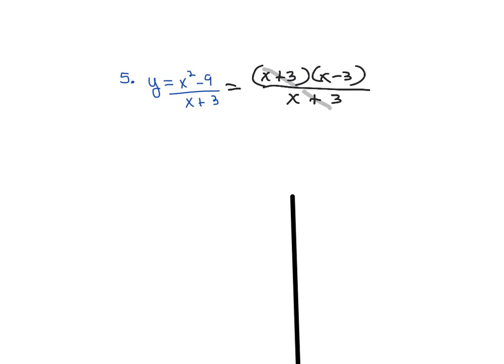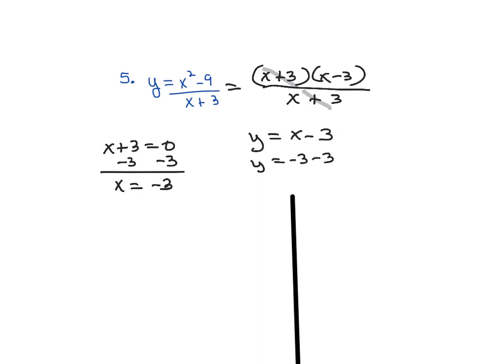So this tells me that when I can cancel the same thing from the numerator and the denominator, when I set this equal to 0 and solve, at x equals -3, I'm going to have a hole in my graph. Now, to figure out exactly where the ordered pair is, I'll take what remains, the y equals x minus 3, plug in -3 for x, and the ordered pair where the hole will occur is -3, -6.